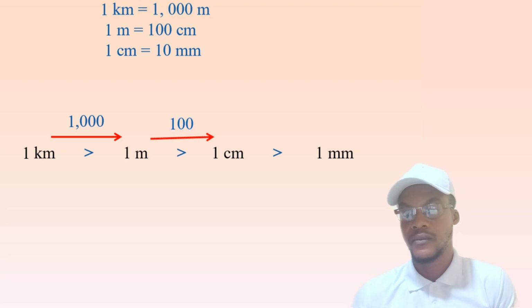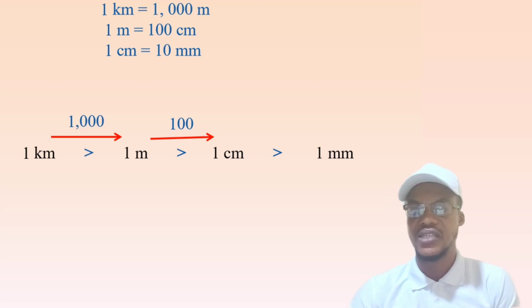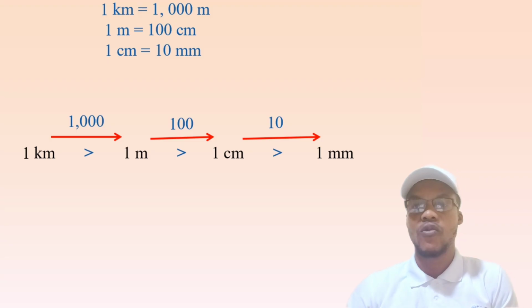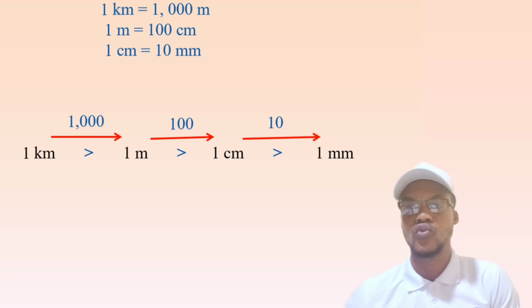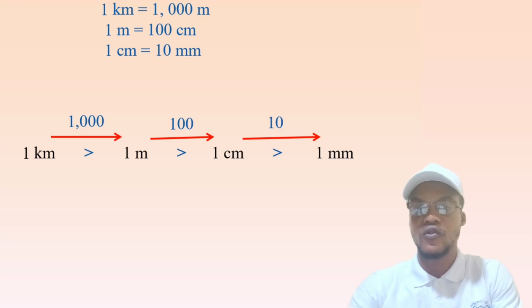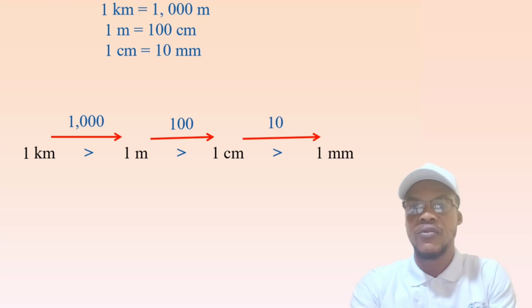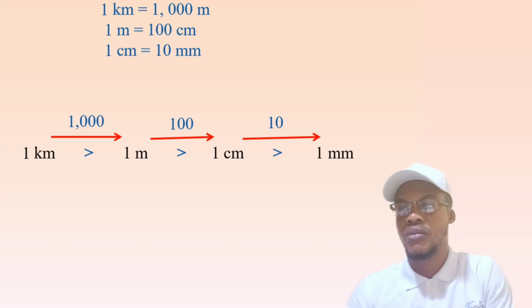What if I want to get 1 centimeter? Then I need 10 millimeters to get 1 centimeter. What about if I want to convert from kilometers to centimeters? Looking at this path, we are moving from kilometers to meters.